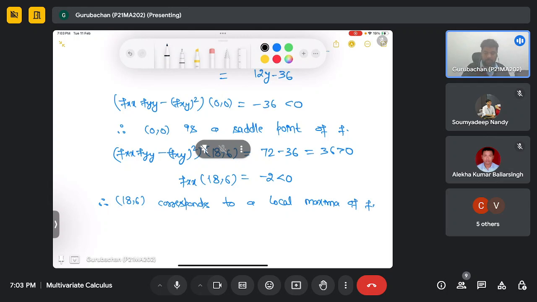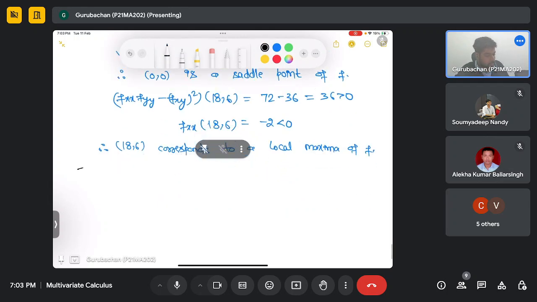So after this we can go to the next question, that is again an example of Euler's theorem for homogeneous function. Let u is equal to (x square plus y square) sine inverse of (x square plus y square) over 2xy.